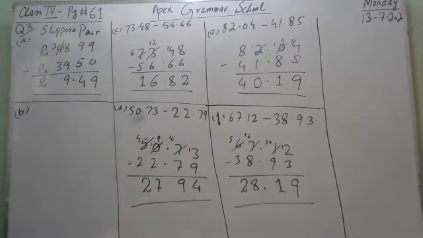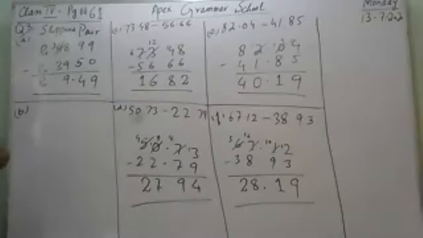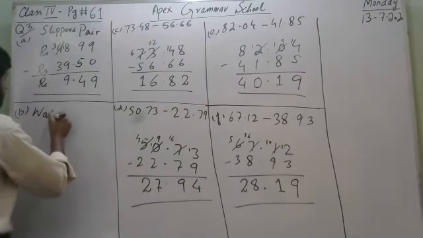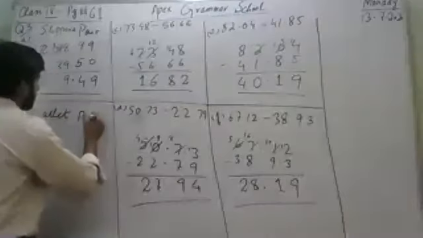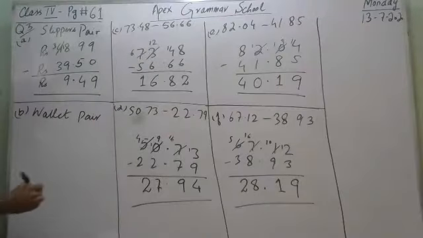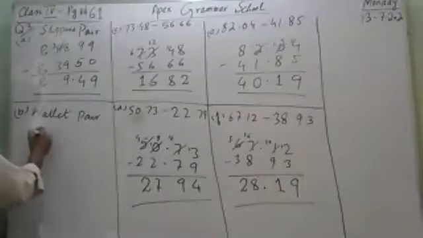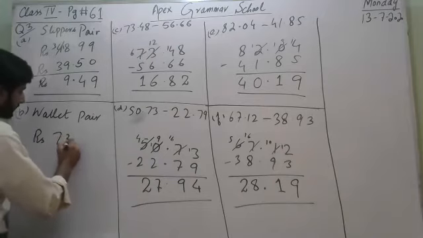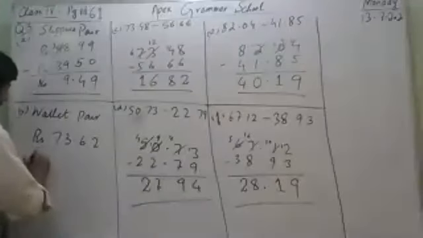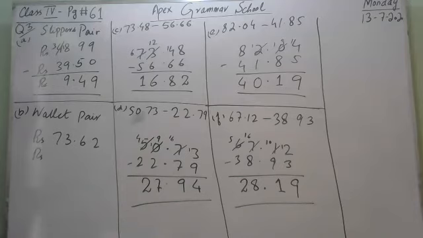Next one is wallet pair. Price of first wallet is 73.62. Second price of wallet is 71.38.